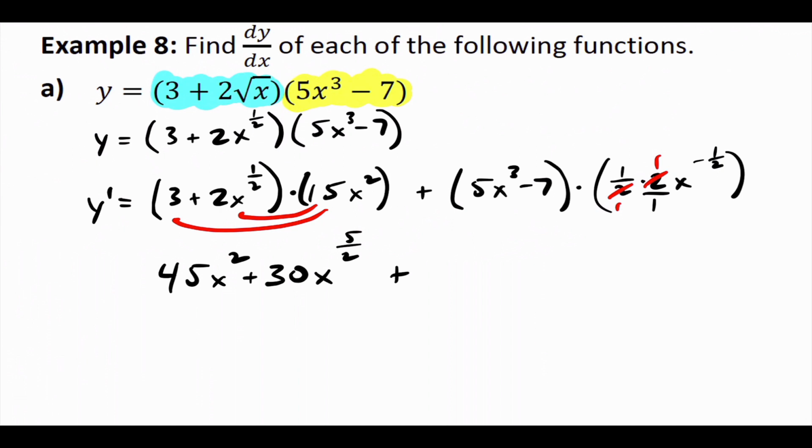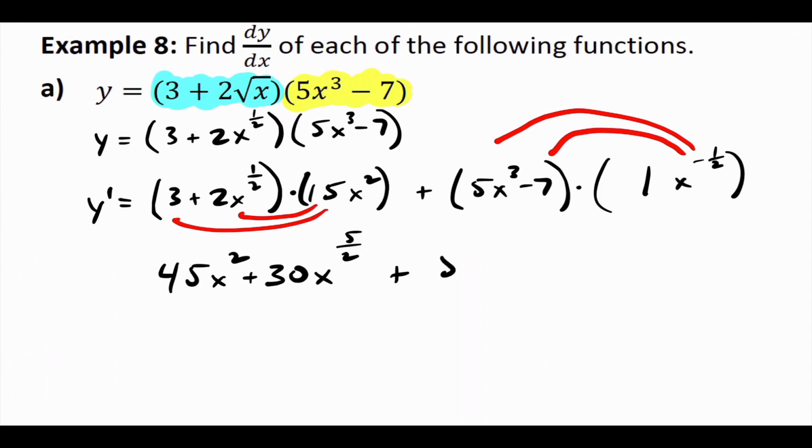Okay. Over here, I'm going to do the same thing, except I just have a 1 now. So it's just x squared. So all of this just becomes x to the negative 1/2. It's got a coefficient of 1.